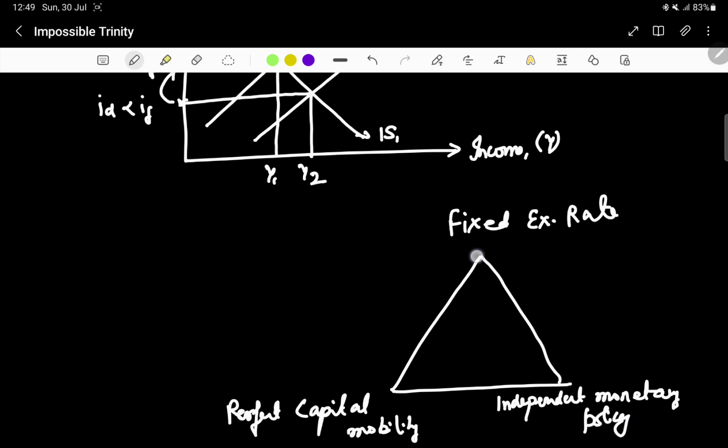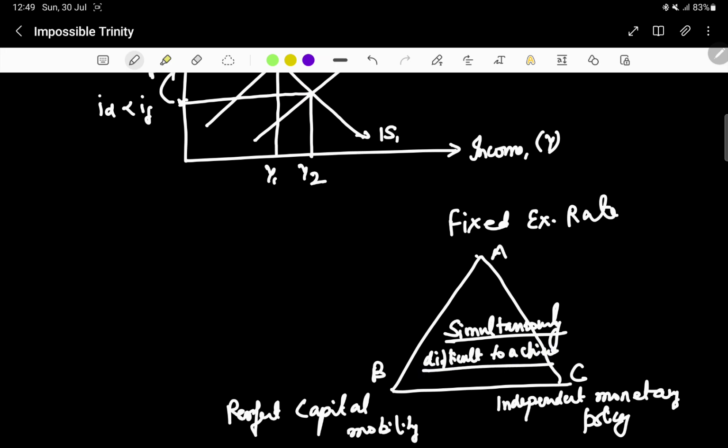All these three conditions, condition A, condition B, condition C, cannot be met simultaneously; it is difficult to achieve.